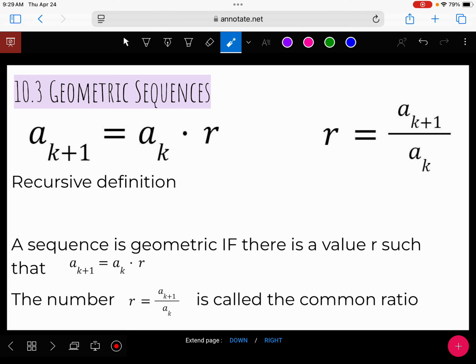And we're going to see a couple of these. I'm just going to give us a couple of pieces like our a sub k plus 1, those kinds of guys. So when we have a geometric sequence, we can find our next term by multiplying by our common ratio. If we don't know our common ratio, but we're given two terms, we can divide them to figure out what the common ratio is.